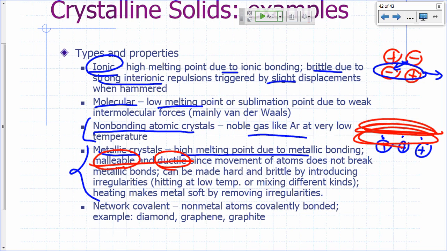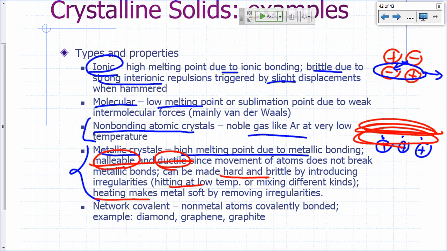But you can make your metals hard and brittle by introducing irregularities within the crystal structure. You can do that if you cool your metal and then hit it with a hammer, or you can mix different kinds of metals, so you disrupt the order in the crystalline structure. You can make your metal brittle.